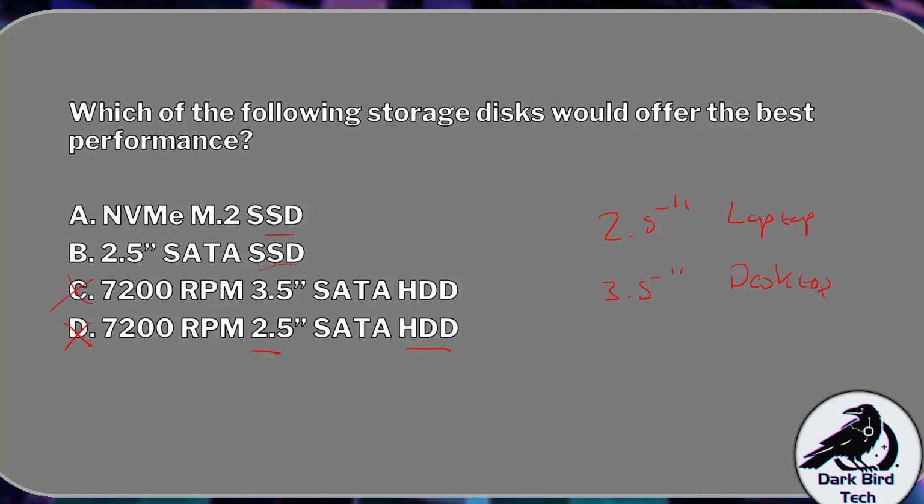2.5-inch SATA SSDs are actually quite funny though, because there's no performance trade-off when they are made in the 2.5-inch form factor. Without showing my age a little bit, I remember when solid-state disks first came out. You could buy 3.5-inch SSDs for a desktop. And the only reason why they did that is just so that the SSD would fit in the drive cage of the desktop computer.